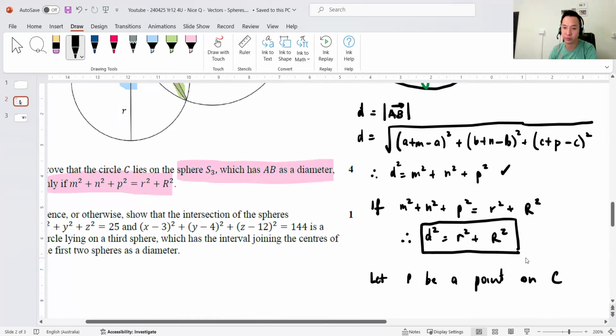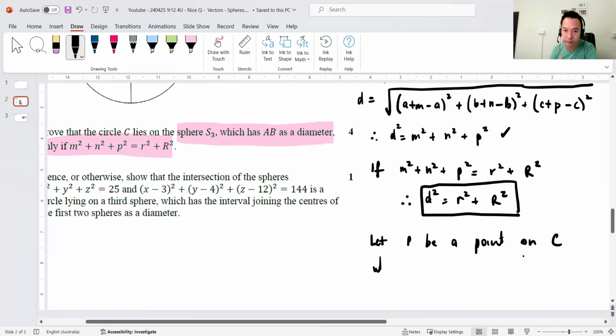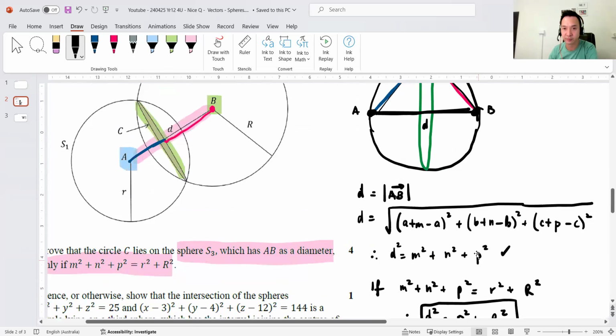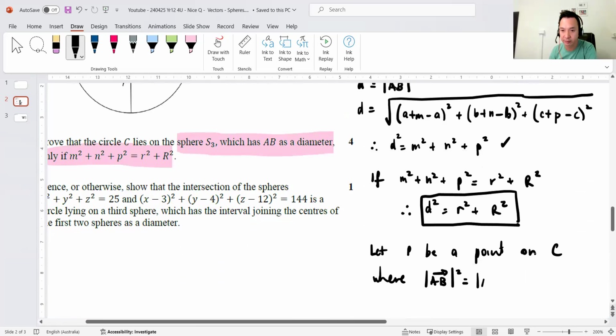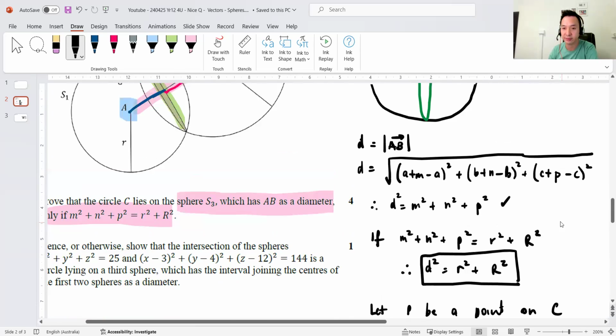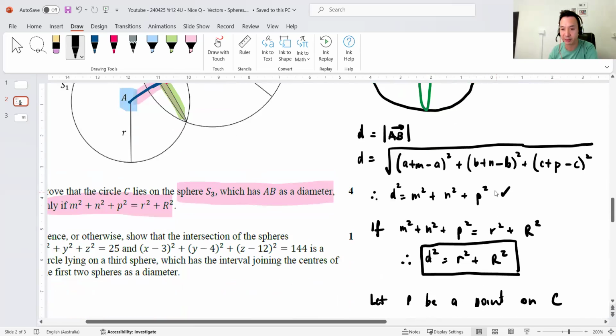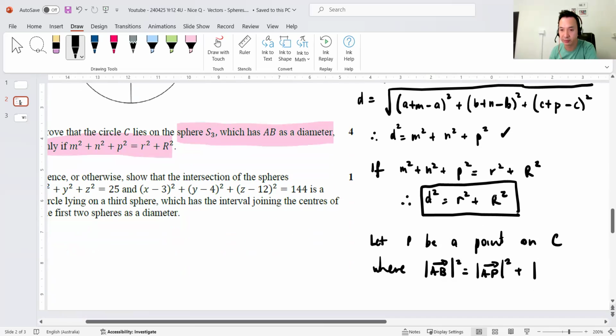Where d squared, AB, equals, now I know that r squared is equal to AP squared plus, and I know that capital R squared would be PB, as a vector, PB.